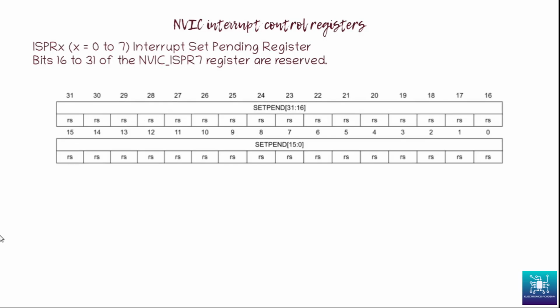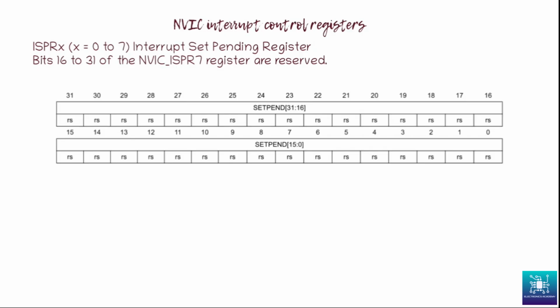Now this is the interrupt set pending register. We saw a similar register in the SCB as well, but that register had a lot of functionalities in that single register. In this case, this register is only responsible for setting the pending state of an interrupt through software.